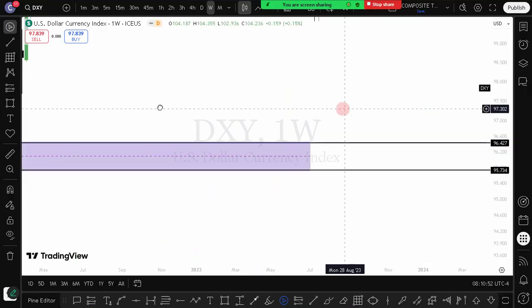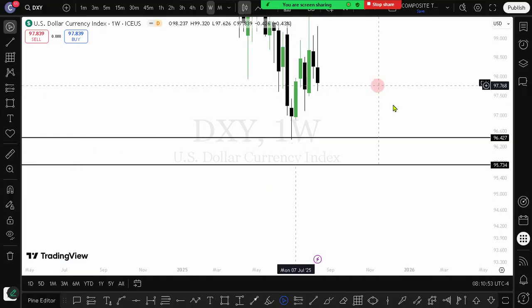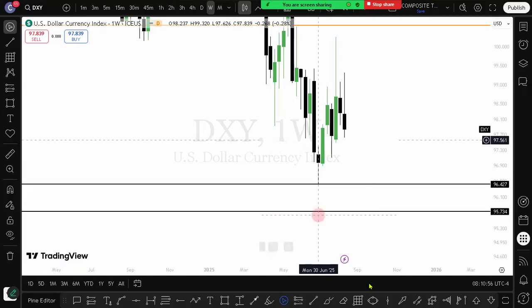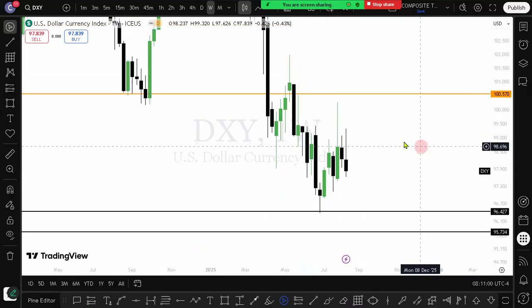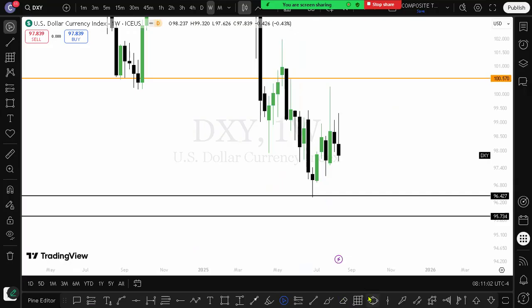weekly demand. Let's see, you see price taps in, and as we have said, the moment you go to a lower time frame, if you can't see the head and shoulders or the double bottom, you want to see the hammer candle. And this is what you get to see here. Look at this.